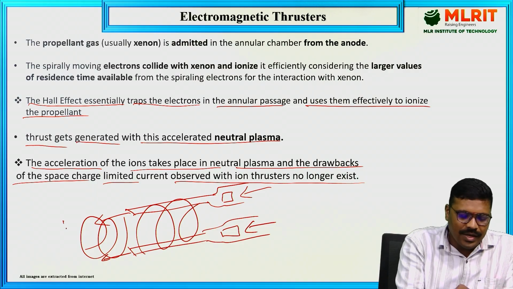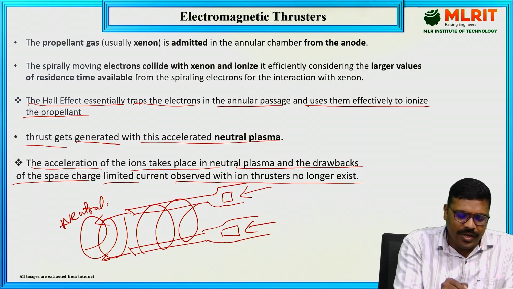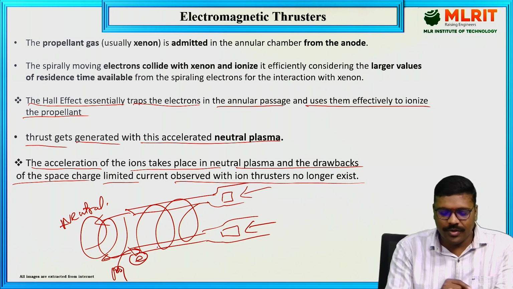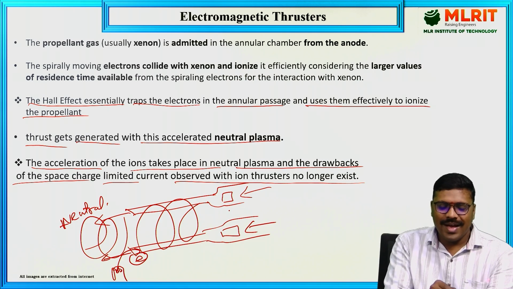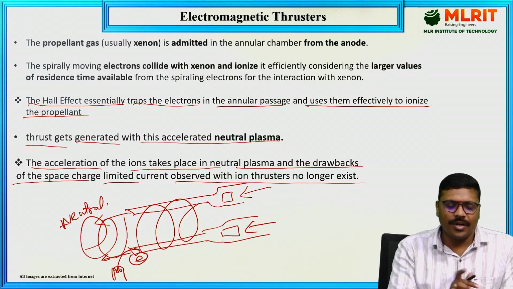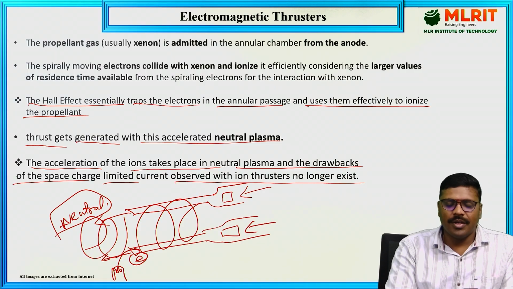These are completely neutral because electrons are sent with the help of the cathode here, and the gases are completely neutralized. Positive ions and electrons mix, and completely neutral plasma comes out of the engine.